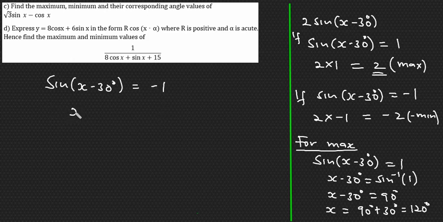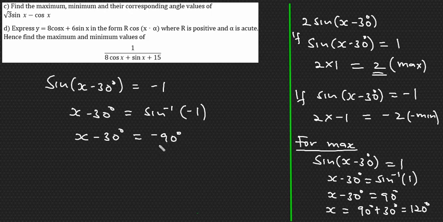Now x minus 30 degrees will be equal to the sine inverse of -1, so x minus 30 degrees equal to -90 degrees. So x will be equal to -90 degrees plus 30 degrees, which is -60 degrees.